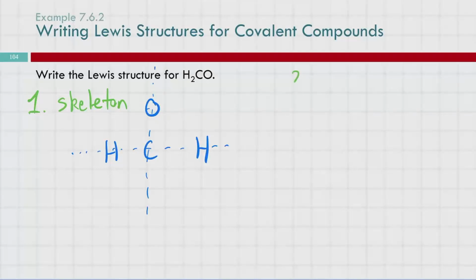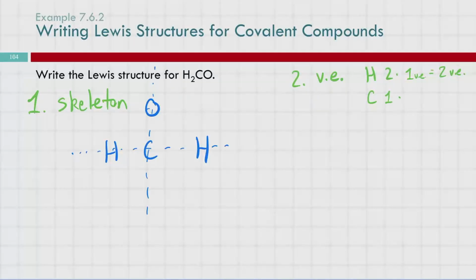Then we need to get our valence electrons. We've got hydrogen, we've got 2 of them. How many dots does each hydrogen get? How many does it bring in? 1. So 2 valence electrons from our hydrogens total. We've got a carbon, we've got 1 of them.